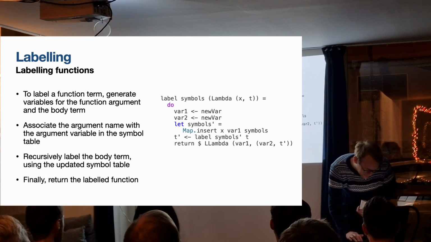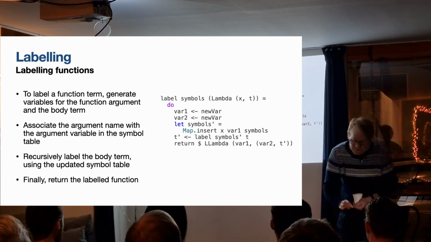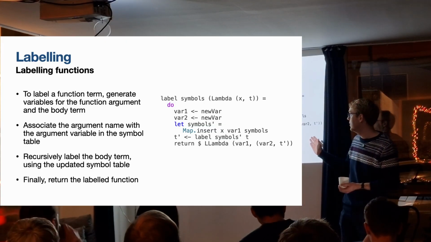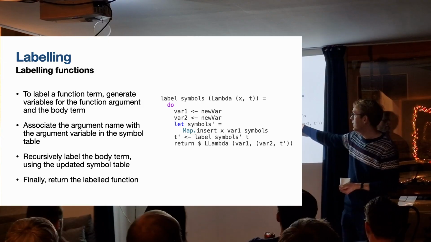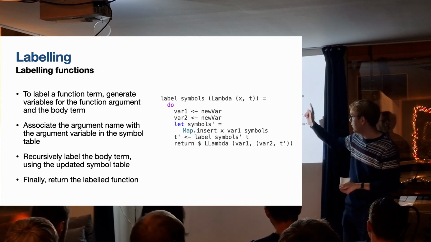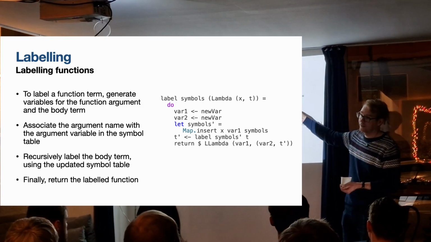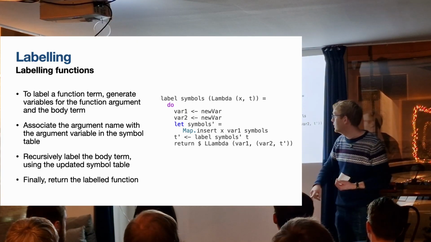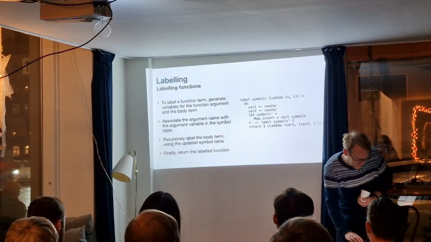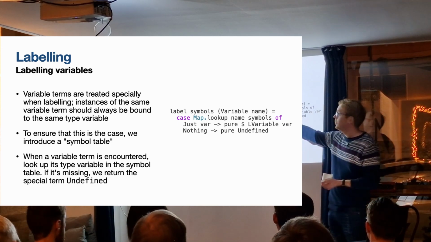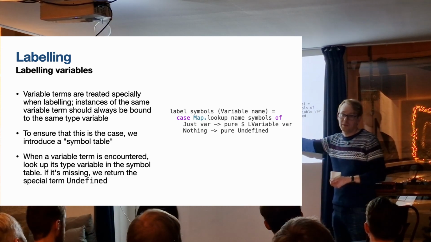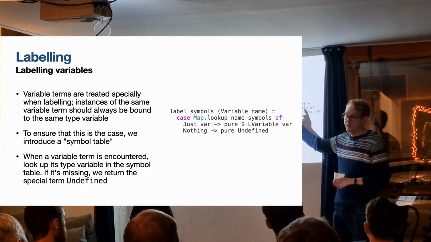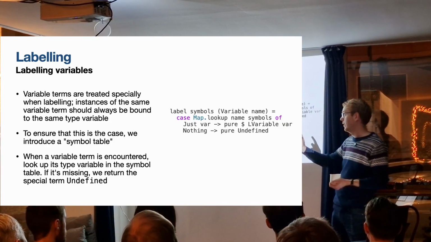Okay, so that was variables. And labeling functions is also quite basic. We generate two new variables for the argument and the body term. But again, I forgot to mention something. The symbols is a table of variable terms that we've seen before that maps variable terms to variables.